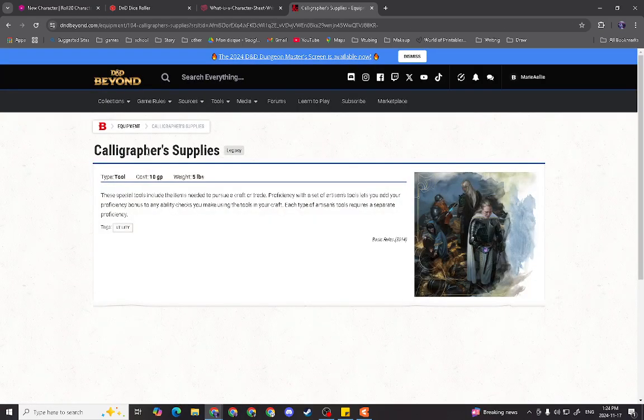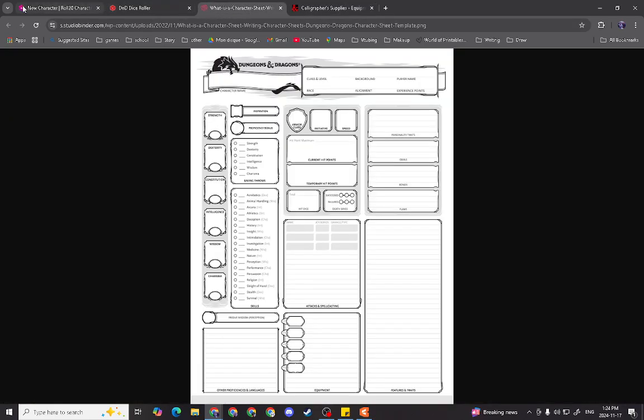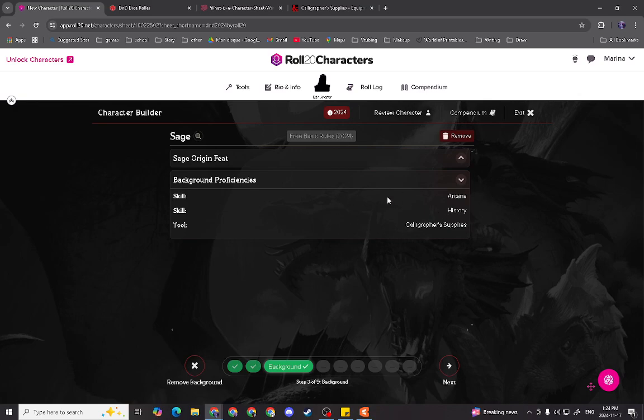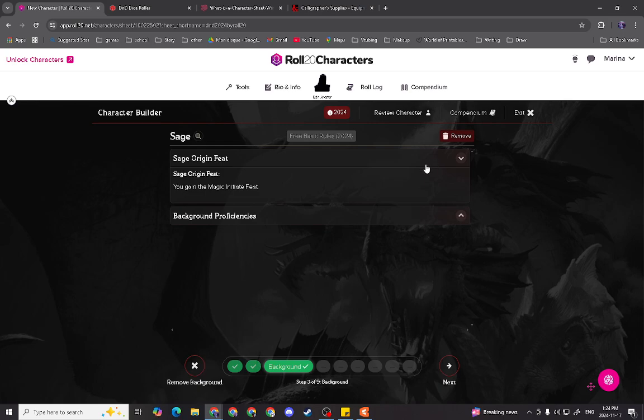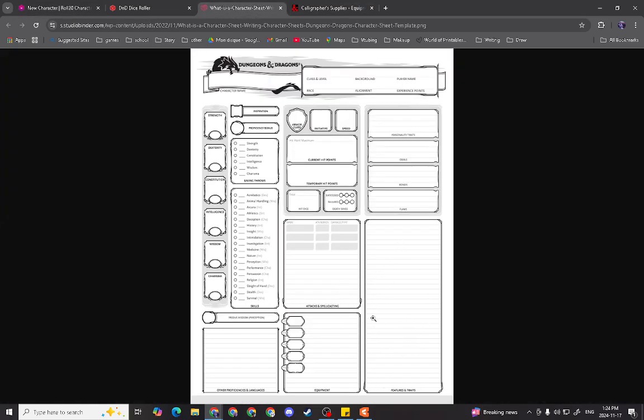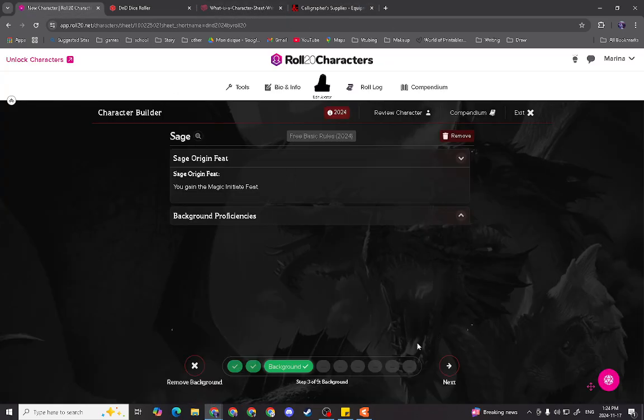You know that fancy writing? Oh, yeah, okay. So essentially, you have the supplies for that fancy writing. What those supplies are is up to you. Oh, okay, cool. And you gain the magic initiate feat, which goes in here, features and traits. Right, okay.